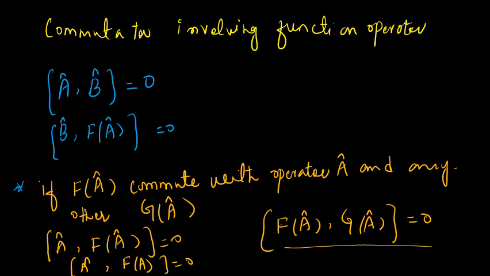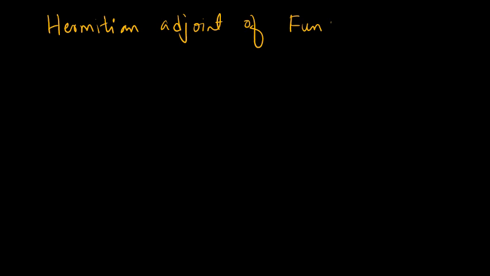Now we go to the Hermitian adjoint of a function operator. Previously, we discussed the Hermitian adjoint of any operator.